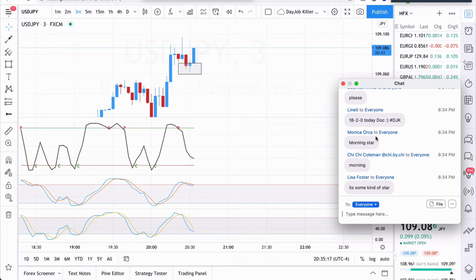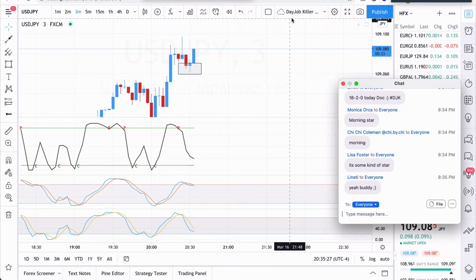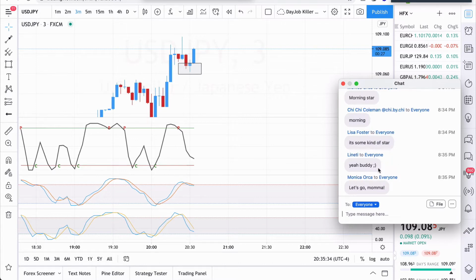At least it's some kind of star. Lynetta, you went 18-2 today? Jeez, love it. Now, let's discuss this. Was it 18-2 with small trades or 18-2 with big trades?